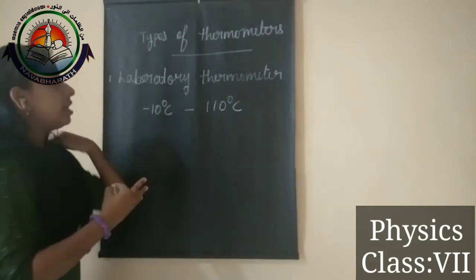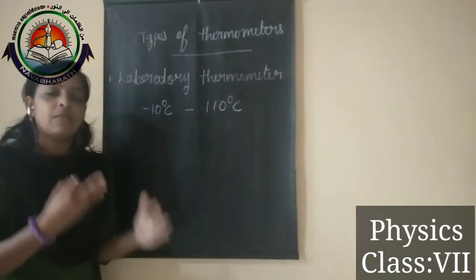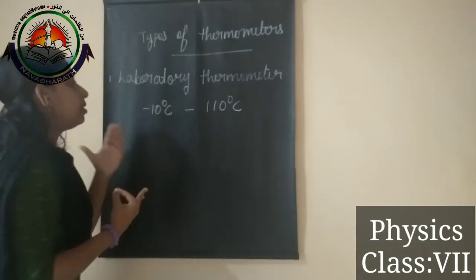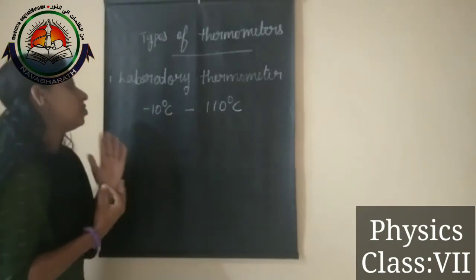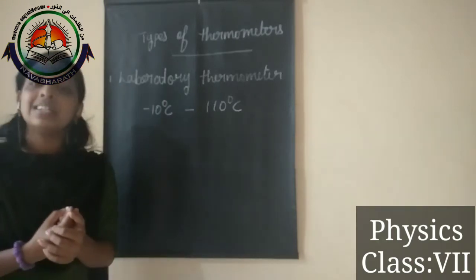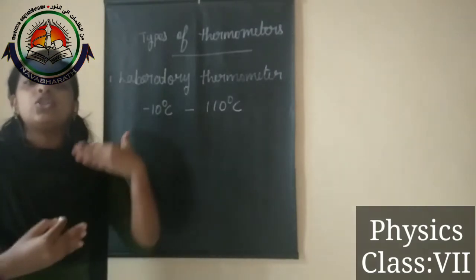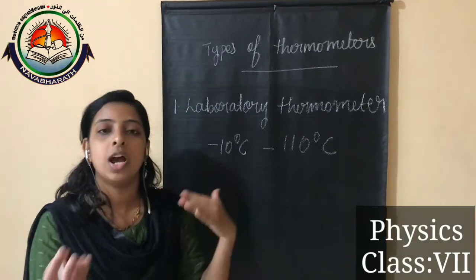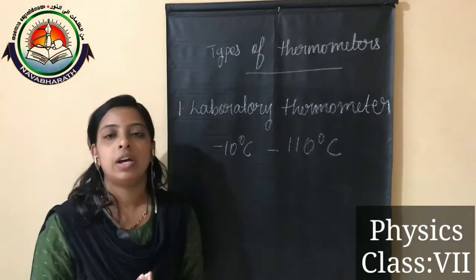Using this laboratory thermometer, we can measure a wide range of temperature from minus 10 degrees Celsius to 110 degrees Celsius, and we can measure hot objects and cold objects in this temperature range.